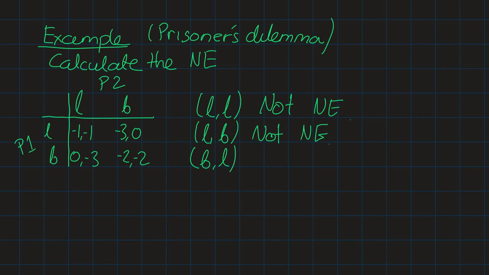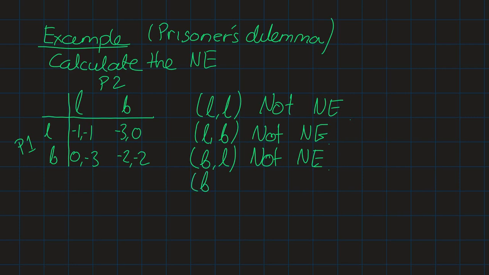Player 1 does not want to change. But if player 2 changes, they go from -3 to -2, which is an improvement. So player 2 is not content. Player 2 has an incentive to change. And in Nash equilibrium, you need both players to be content. So this is also not a Nash equilibrium.